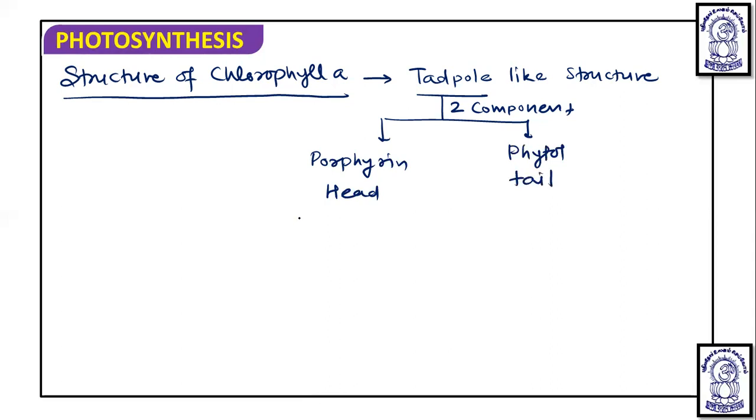Now if we talk about the phytol tail, it has C20H39OH. So if we remove this 20 carbon, 39 hydrogen and oxygen, the porphyrin head will remain in the structure. This porphyrin head is hydrophilic and acidic in nature.